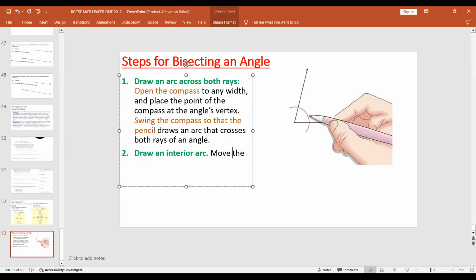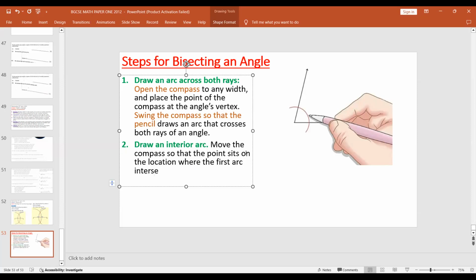So you're going to move the compass so that the point sits on the location where the first arc intersects the first ray.